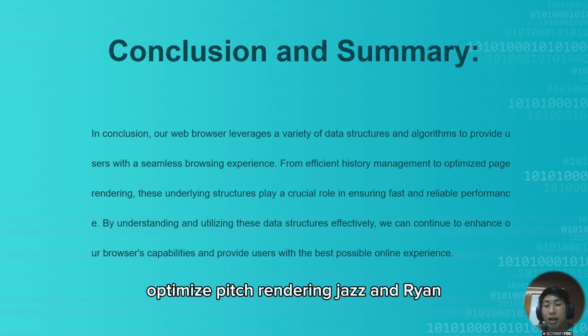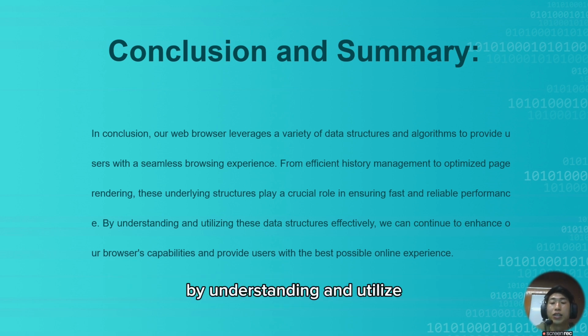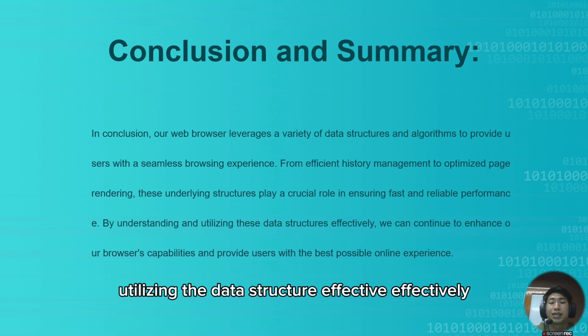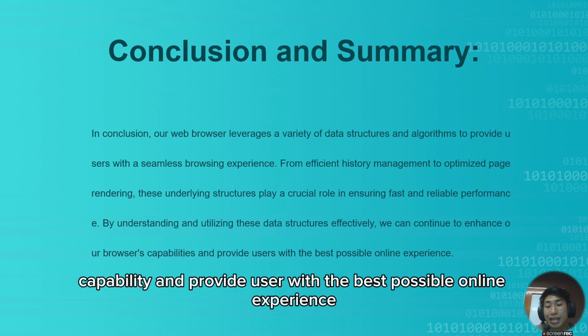These underlying structures play a crucial role in ensuring fast and reliable performance. By understanding and utilizing these data structures effectively, we can continue to enhance our browser's capability and provide users with the best possible online experience.